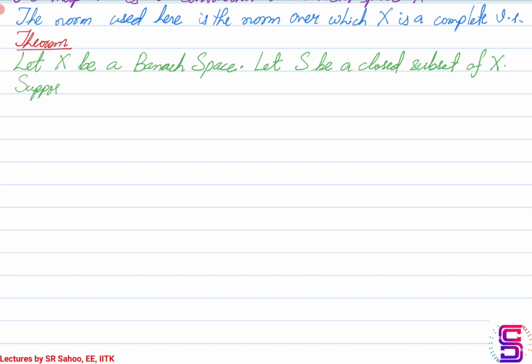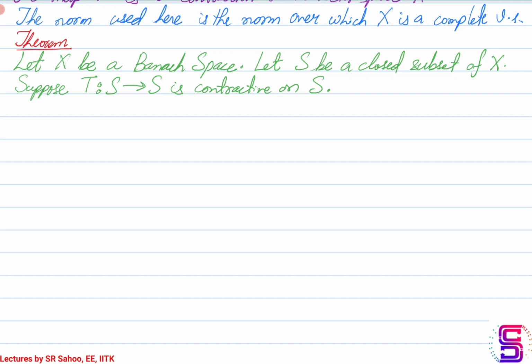Suppose T is a map from S to S. So it takes a vector in the closed subset S and gives you a vector in the subset S itself. And suppose this map is contractive on S. Okay, T is a map defined on the subset S and it is contractive on S. So we have seen what contraction essentially means.